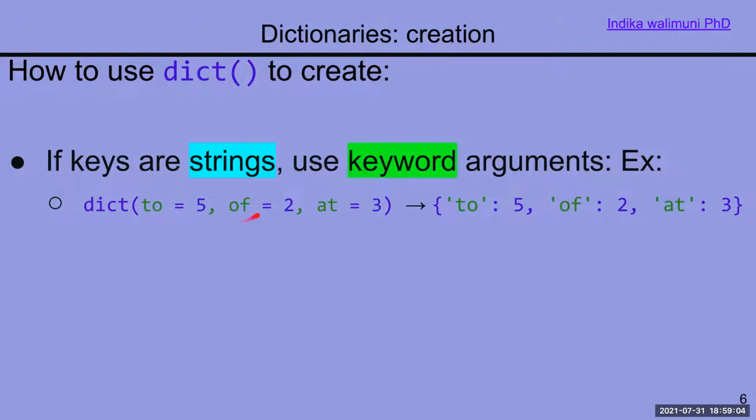To, of, at, these are like conjunctions or, I think, prepositions in English. I am using them as keywords, and then I pass the comma separated list of them into the dictionary type constructor, and I will get this dictionary.